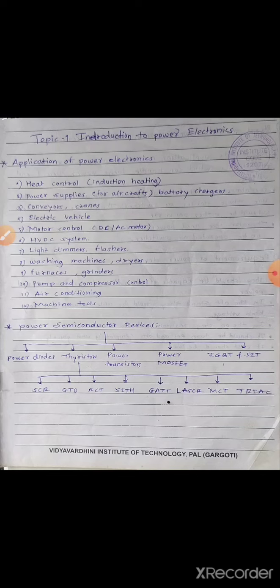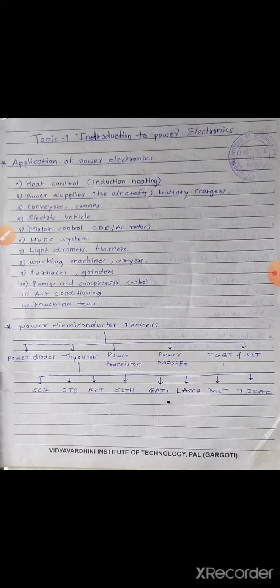These are all operated with the help of high power. So in this case we need high power semiconductor devices. The requirement for these power devices is large current and large voltage to run these applications.